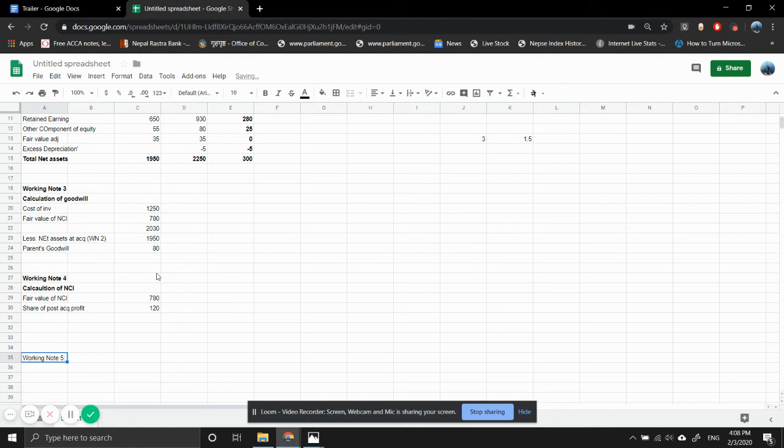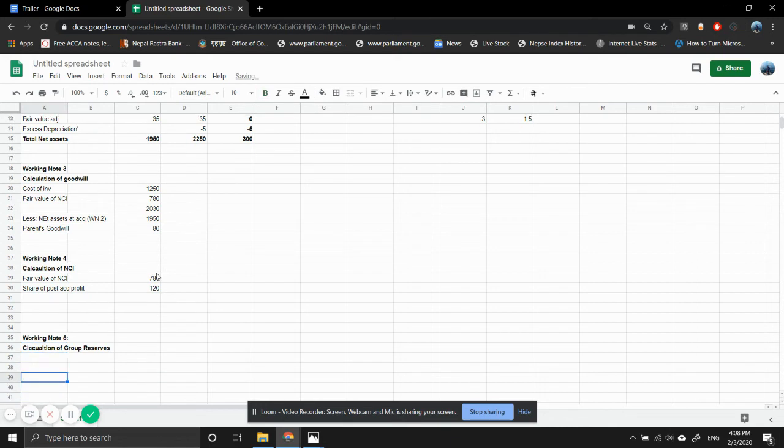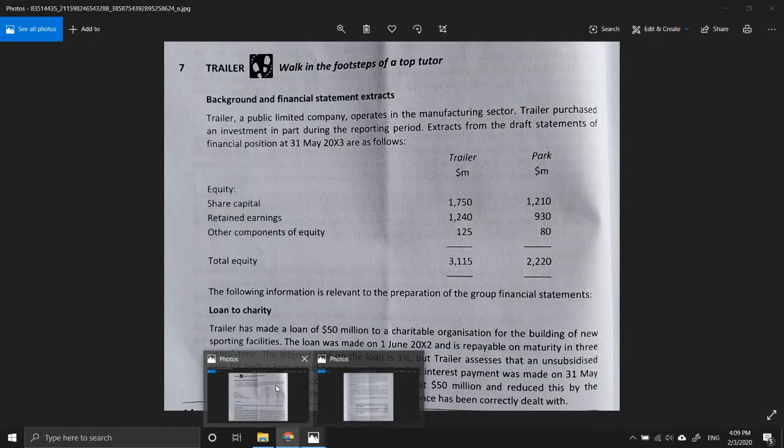Working note 5, bolded, calculation of group reserves. Bolded. 100% of parent, and then share of post acquisition profit. How much is parents? 1240, right?